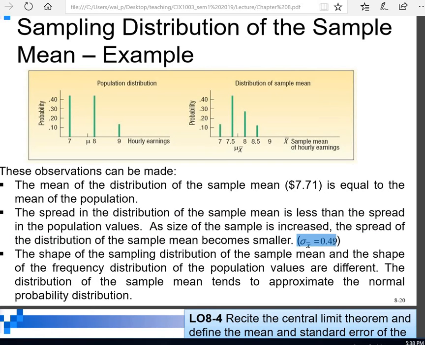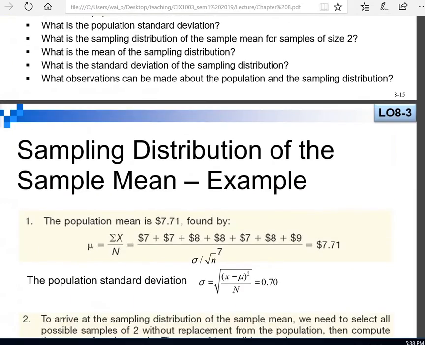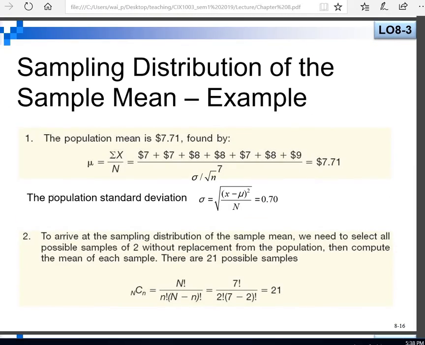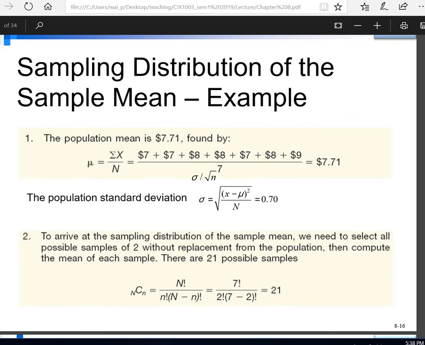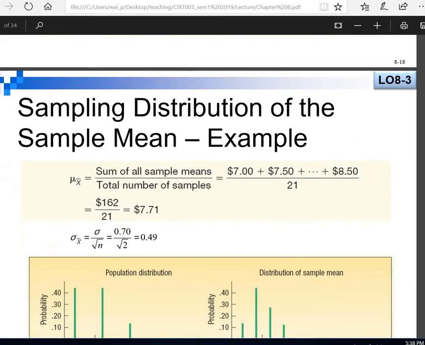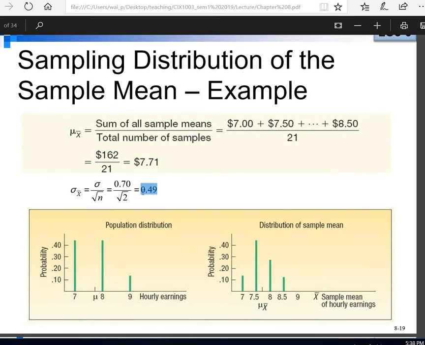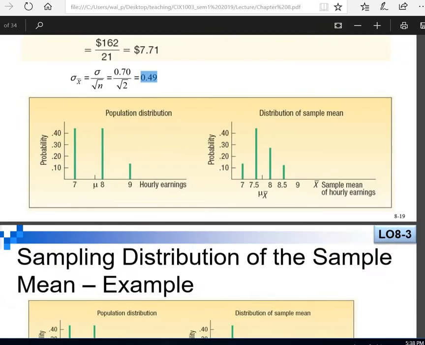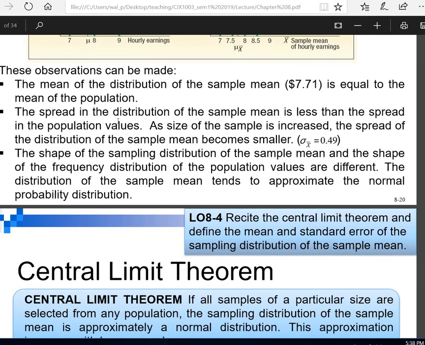Why I say it becomes smaller is, if you notice, the first time that we calculated the population standard deviation, it was 0.7. Then after we did the sample mean, we were able to get 0.49. So this is the meaning.